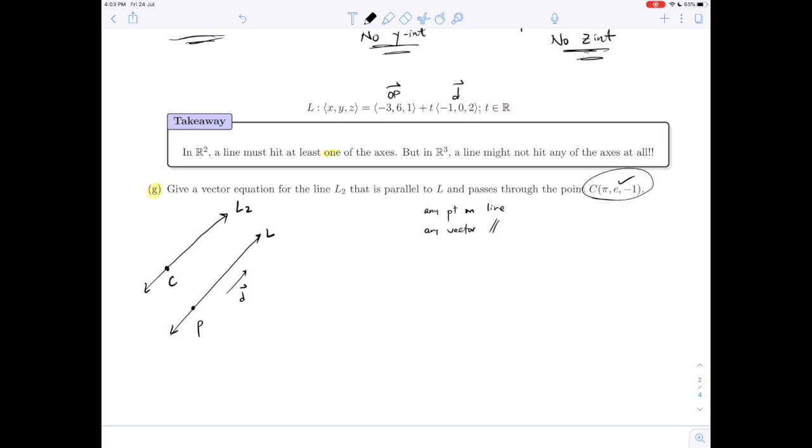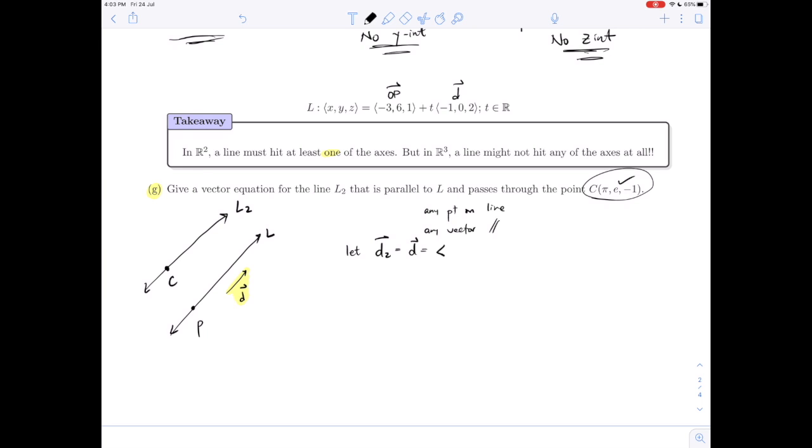The vector parallel we have to find. Well, it's kind of staring us in the face, isn't it? If D is parallel to our first line L and L2 is parallel to L, then we can use our direction vector. Oh, that was hard to say. We can use D as the direction vector for our second line as well.